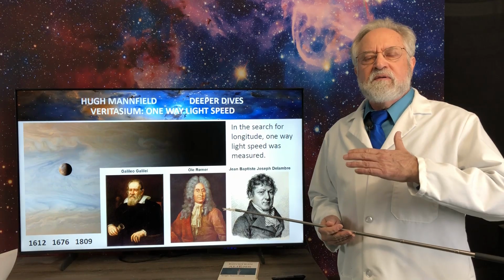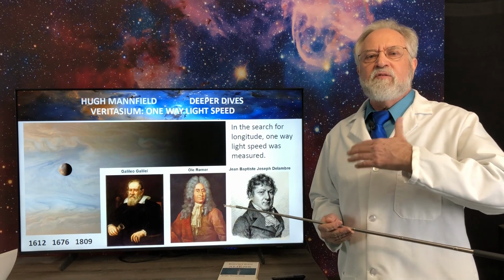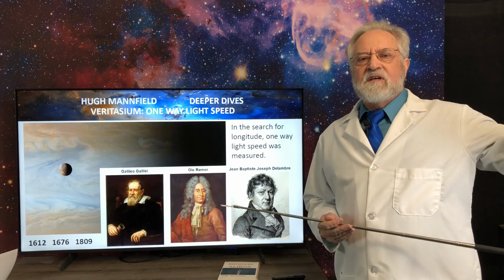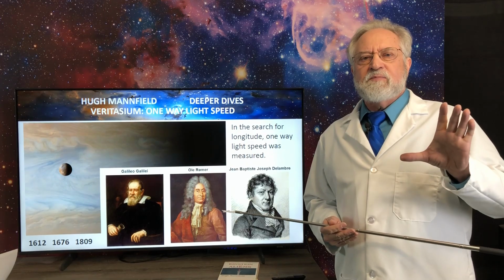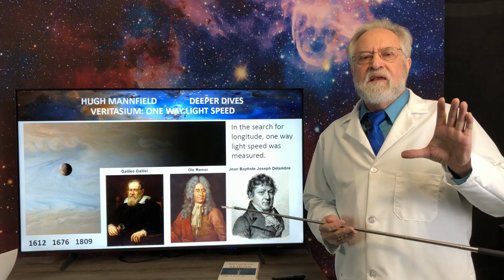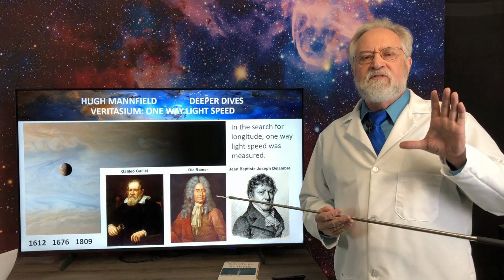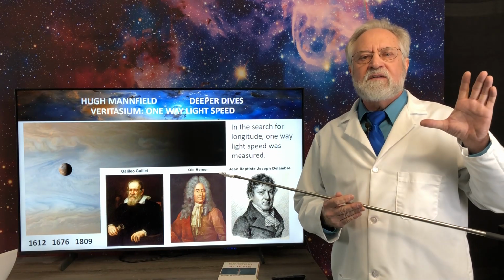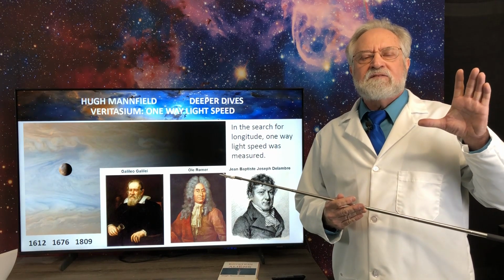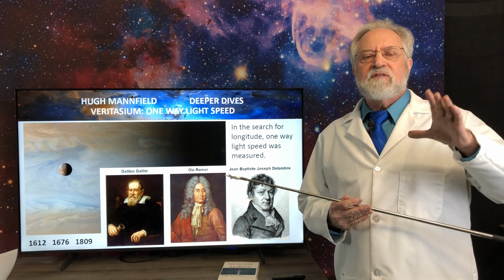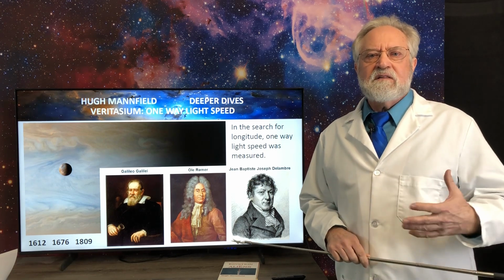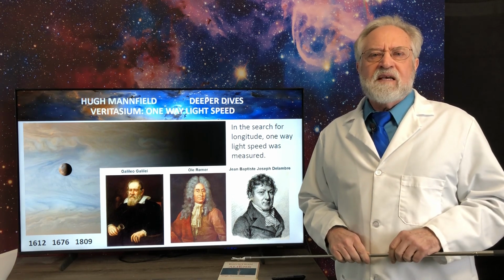As Jupiter passed from opposition, where it would be opposite the Sun to the Earth, that would be the closest approach to Earth in its orbit, and then as the Earth moved around and Jupiter followed its orbit, as Jupiter approached conjunction with the Sun, the eclipses of Io were slightly delayed.